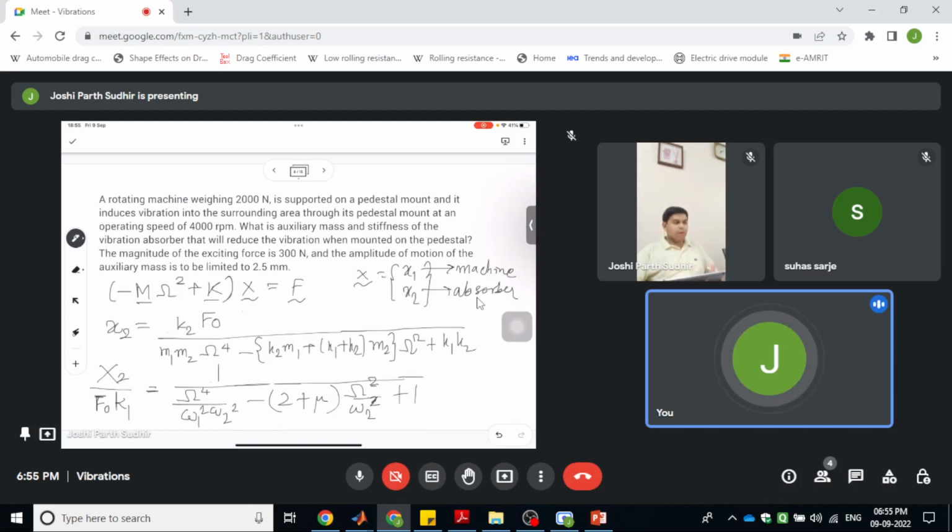So this will be the simplified expression for x2, the displacement.